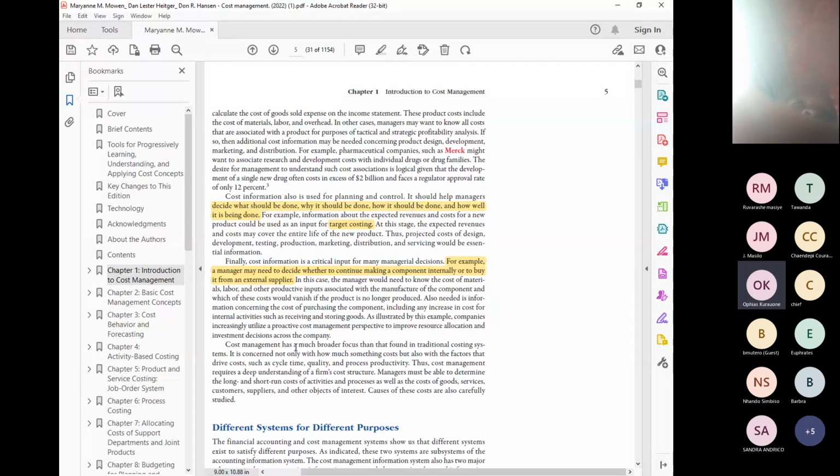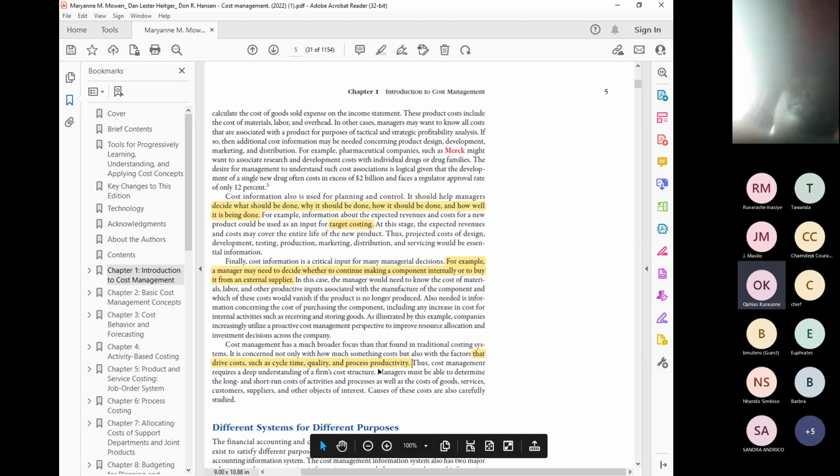So cost management has a much broader focus than that found in the traditional costing system. It is concerned not only with how much something costs, but also with the factors that drive costs, such as cycle time, quality, and process productivity.